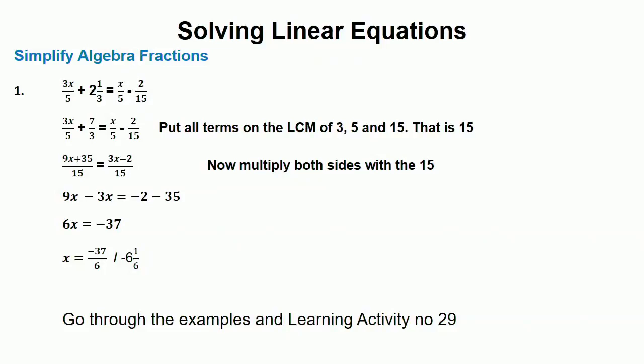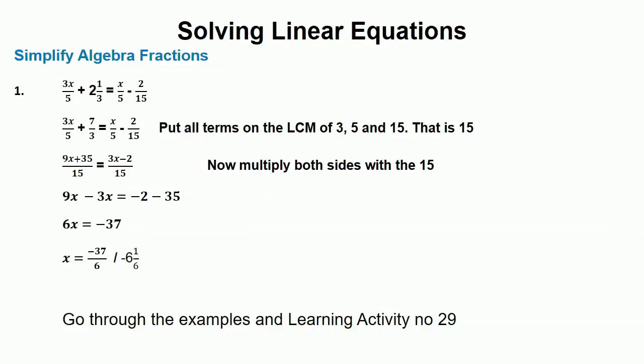Now I look at the bottom, a 5, a 3, a 5, and a 15. What is the lowest common multiple of 5, 3, 5, 15? It is 15. Now remember, what is missing at the bottom, I multiply on top. There's a 5. How did I get from the 5 to the 15? Times 3. 3x times 3 also.